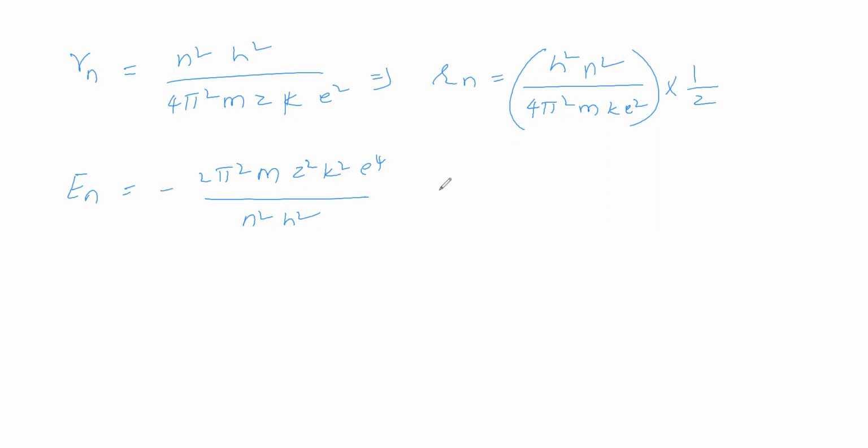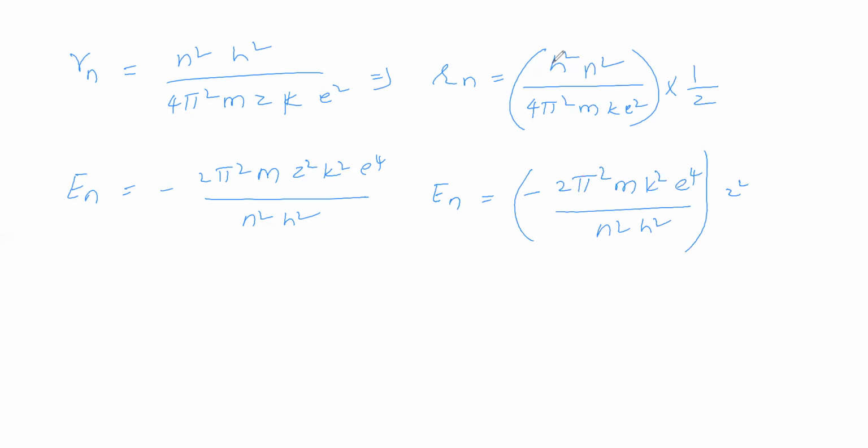Now energy of nth orbit is equal to minus 2 pi square m k square e power 4 by n square h square, z square is there like this. This is energy of nth orbit. So you see this value and this value, how it is there here. In order to substitute this one, see what we have to do.